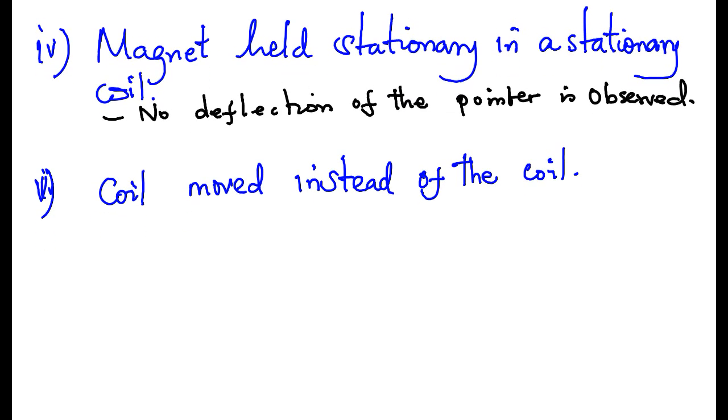We can also decide to move the coil instead of the magnet and make observations.